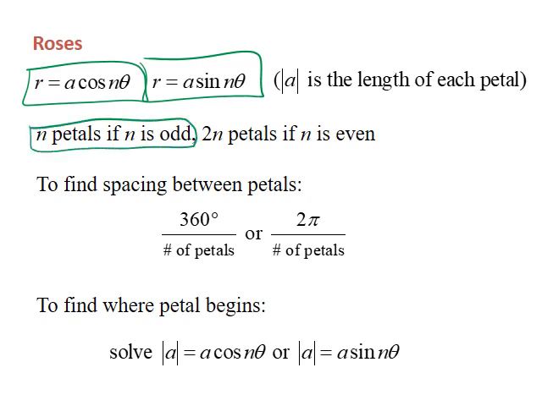If n is odd, so this value here, if this is odd, there will be n petals. However, if that is even, there will be 2n petals. This other information here is important if you were to graph this by hand.